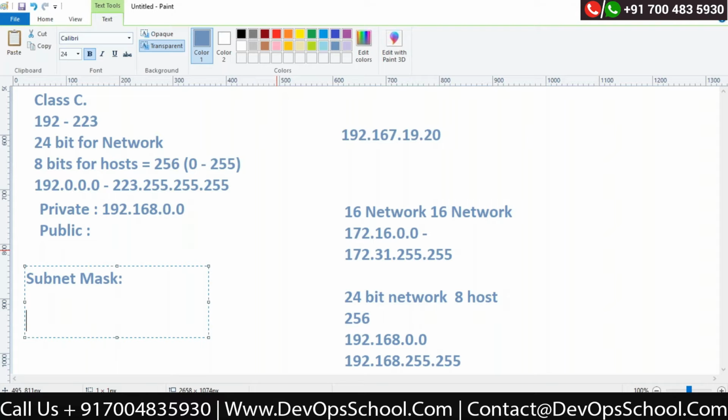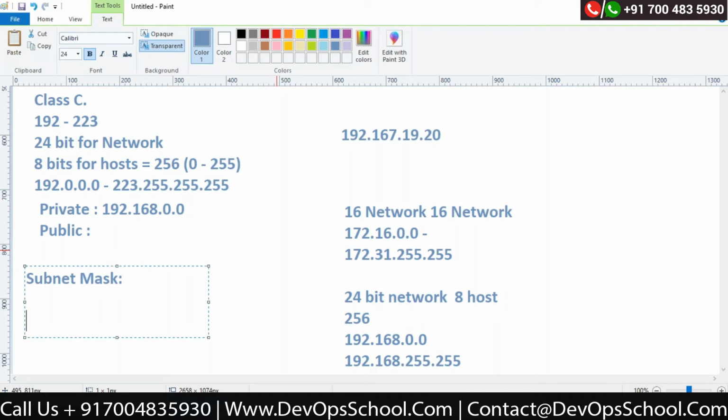Mask means you cannot change it. It is masked, correct? And how many bits are changeable. So indirectly, with the help of subnet mask, you're telling your devices which class of the IP address it belongs to, correct? And it would be denoted by the number 255.